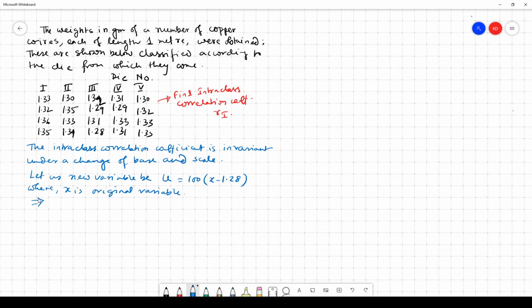This means u_ij equals 100 into (x_ij minus 1.28).